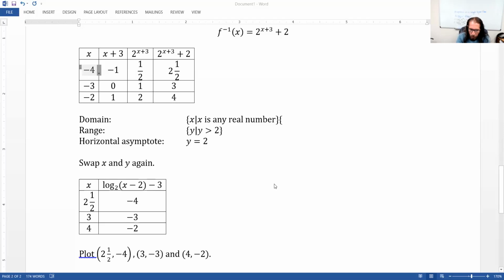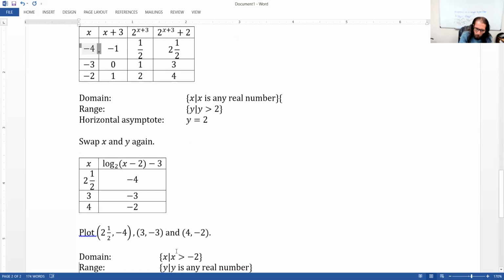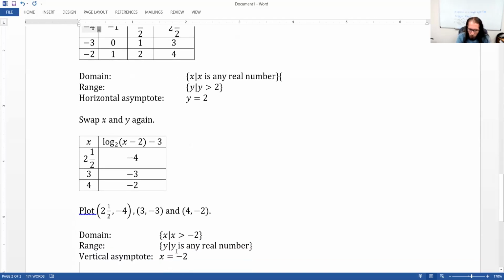So to further explain how I came up with the domain and range and the equation of the vertical asymptote back in option 1, all I did was swap the x and the y. So when I said for the transformed exponential function that x could be any real number, now it's y can be any real number.